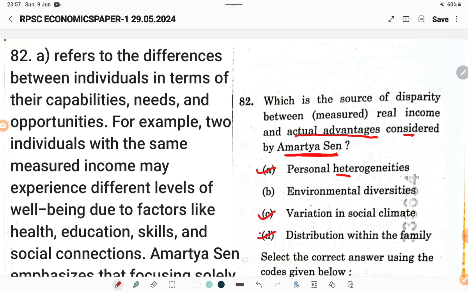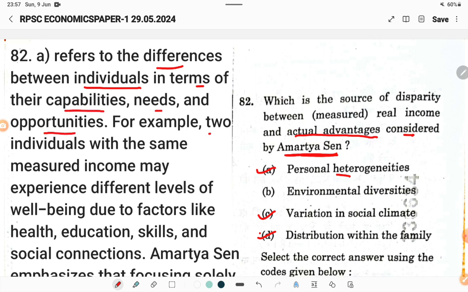Why? We can see here the personal heterogeneity refers to the differences between individuals in terms of their capabilities, needs and opportunities.